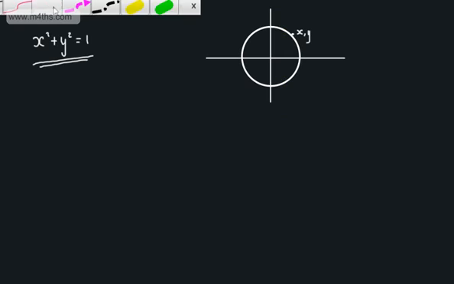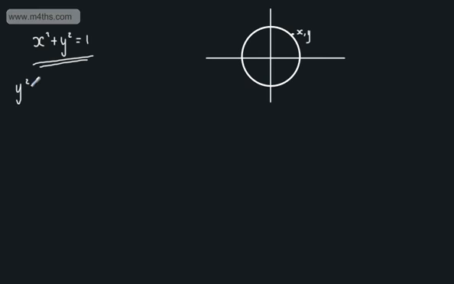What I could do at this stage is now write this as y squared will be equal to 1 minus x squared. So now I've made y squared the subject. Taking the square root, we're going to have now y will be equal to plus or minus the square root of 1 minus x squared. Still, we don't yet have a function unless we define this as two different functions.